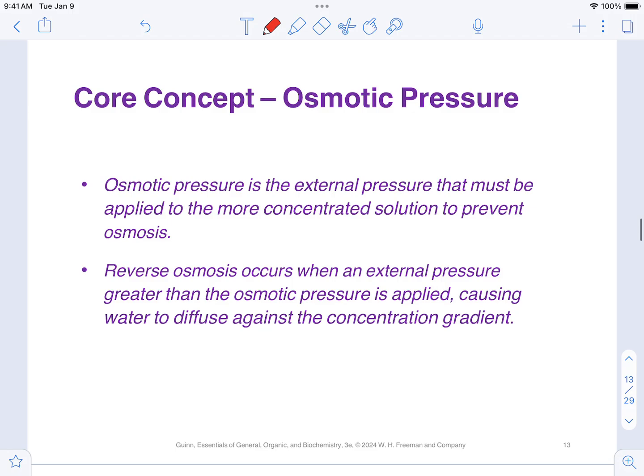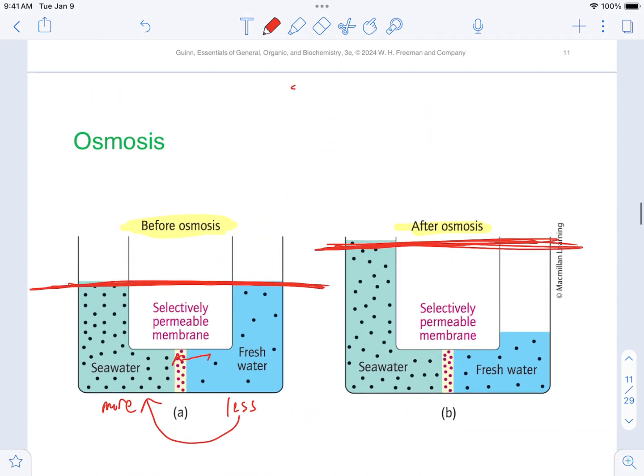Now, something called osmotic pressure. That is external pressure that must be applied to the more concentrated solution to prevent osmosis. So we would need some kind of pressure coming down here in some form to prevent osmosis from happening.